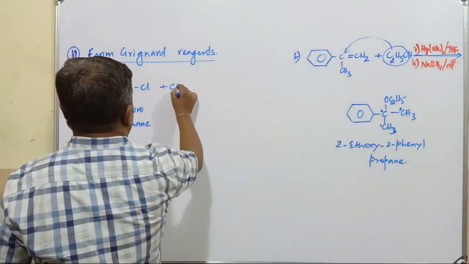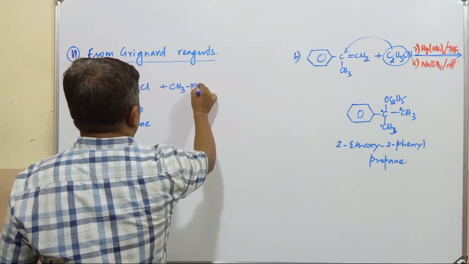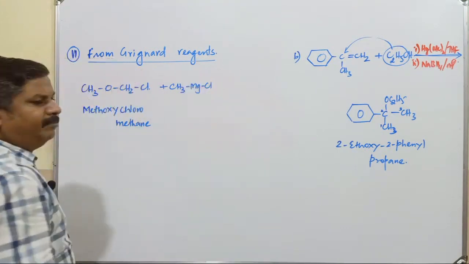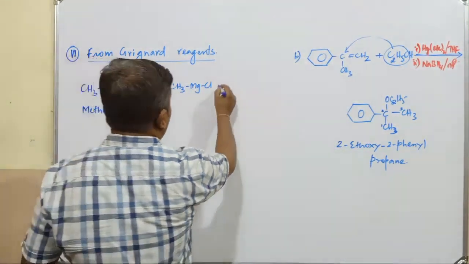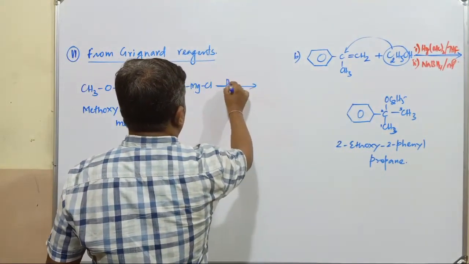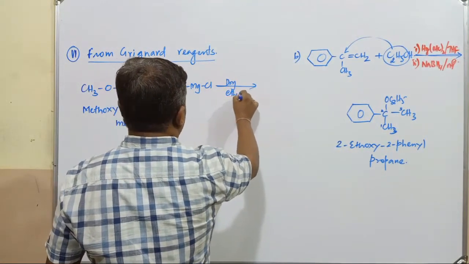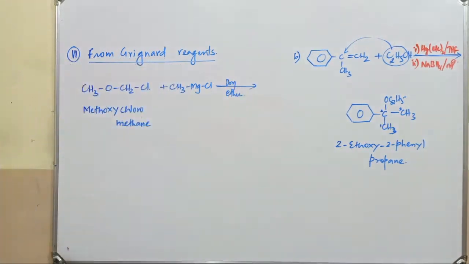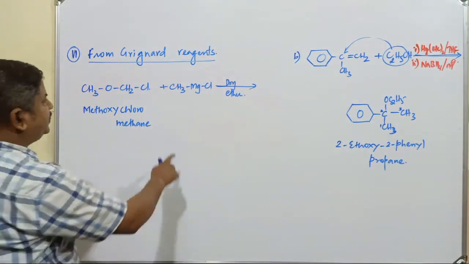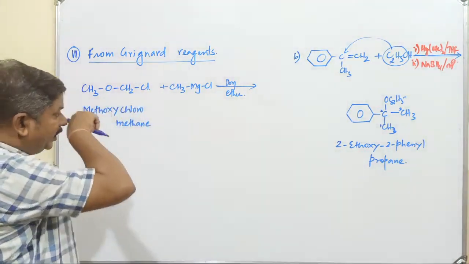Methoxychloromethane combines with CH3MgCl, methyl magnesium chloride, in presence of dry ether. What possibility is there here? This CH3 replaces the chlorine atom.